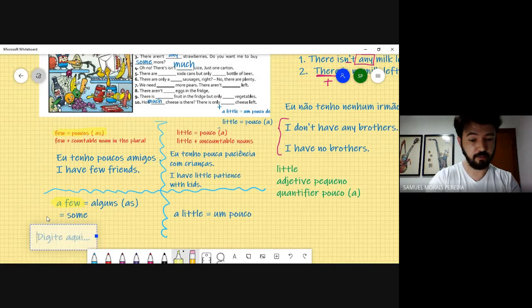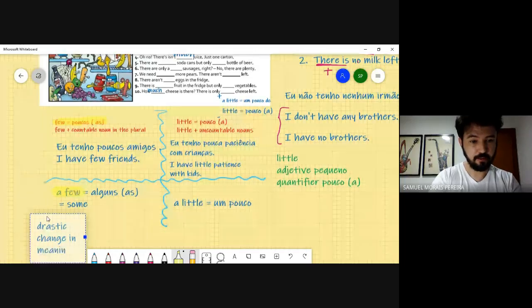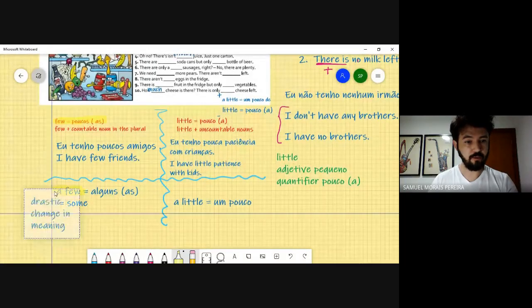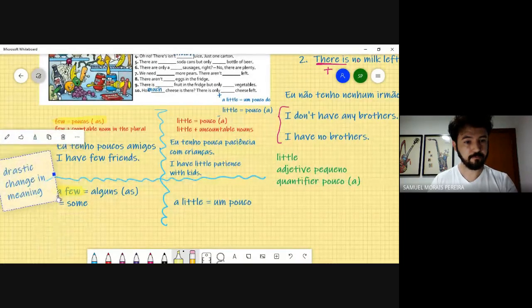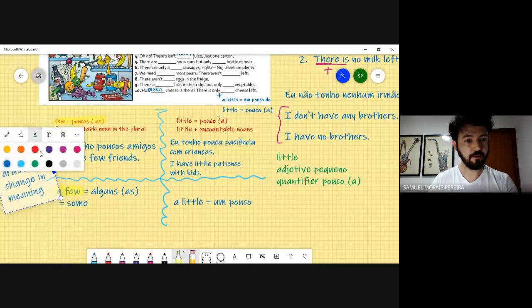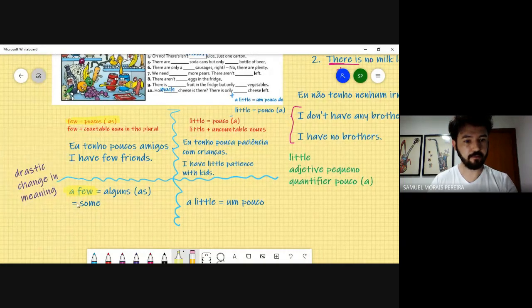So pay attention. I'm gonna even write that. There is a drastic change in meaning when we use the article a here. Can you see? Few, poucos and poucas. A simples inclusão desse a transforma para uma outra expressão.